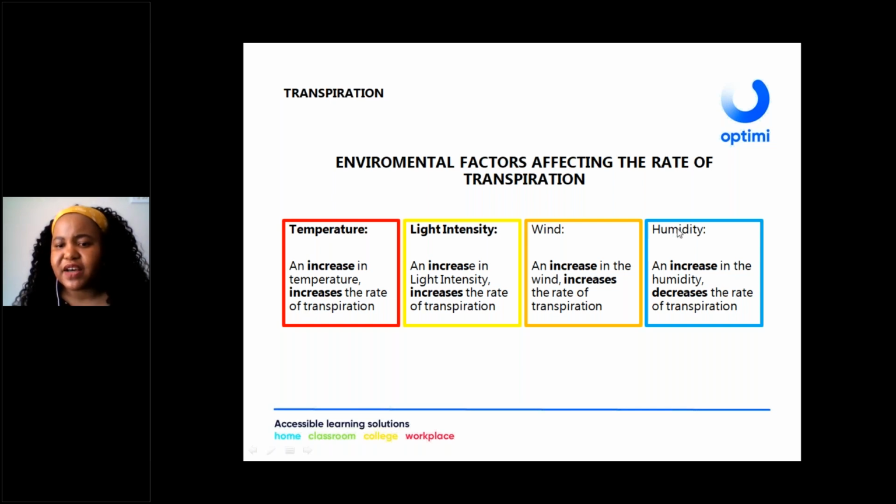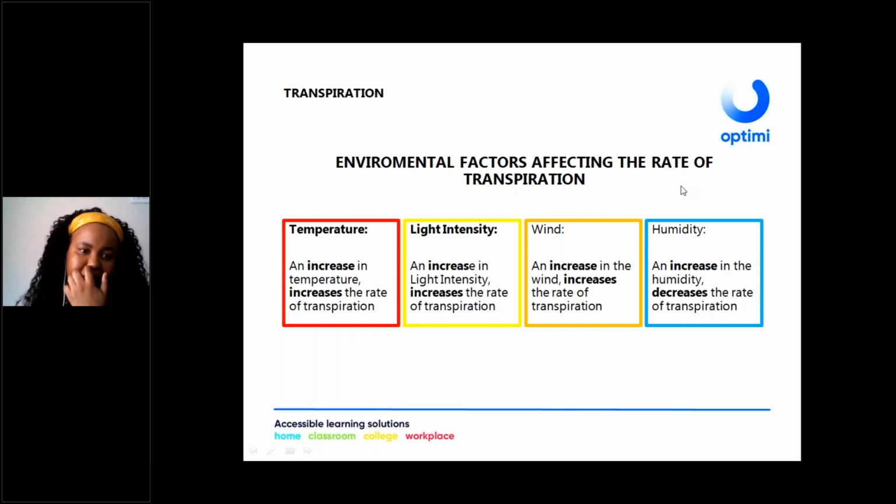Okay, so if the atmosphere is already saturated, there is not going to be any need for more water to evaporate into the air. Take it as though there is no space for the water vapor to be in. So increasing the humidity decreases the rate of transpiration because the atmosphere will be so saturated with water vapor already.